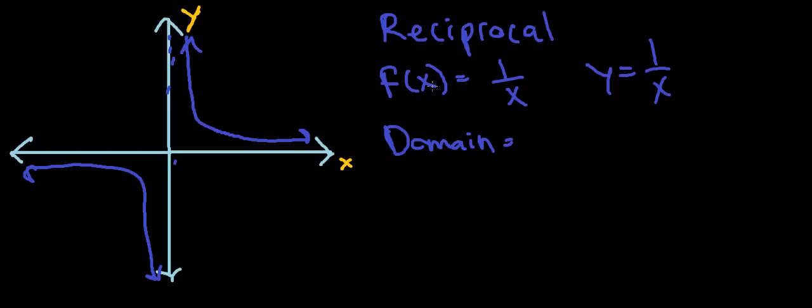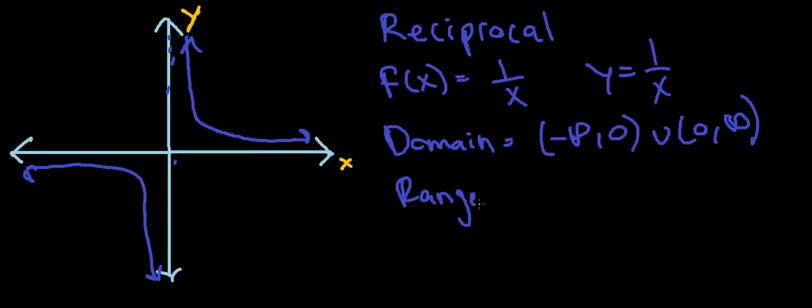It can get infinitely close to 0, but it cannot touch 0. It gets infinitely closer and closer to 0, but it will never touch it. So that's why it shoots up like that. So our domain is negative infinity to 0 and 0 to infinity.